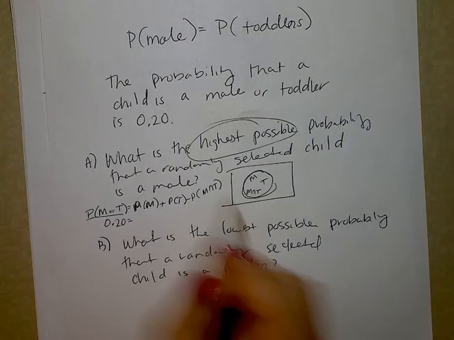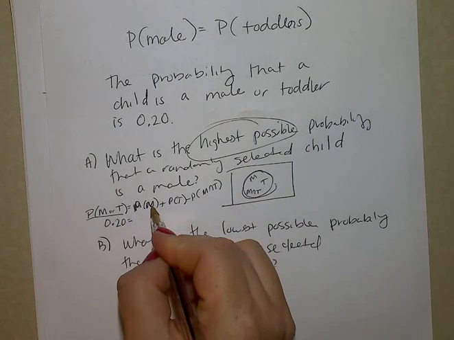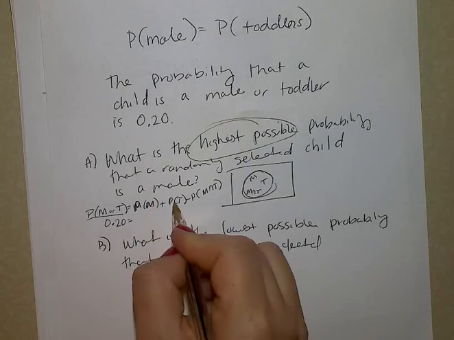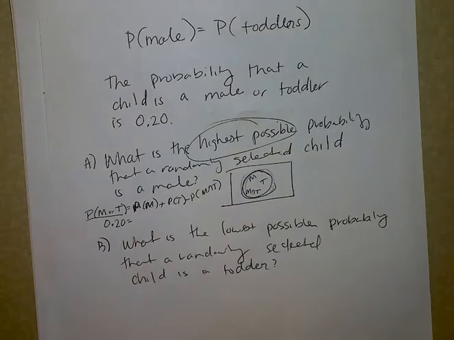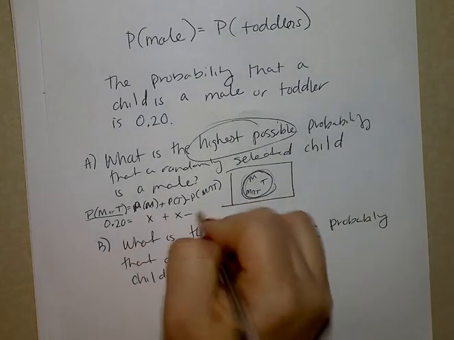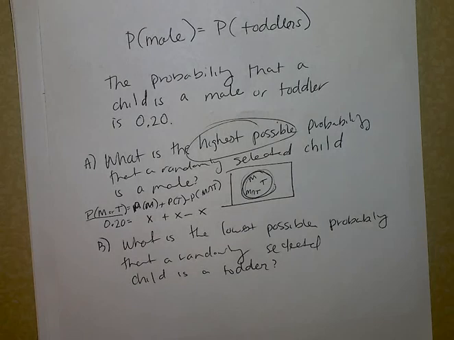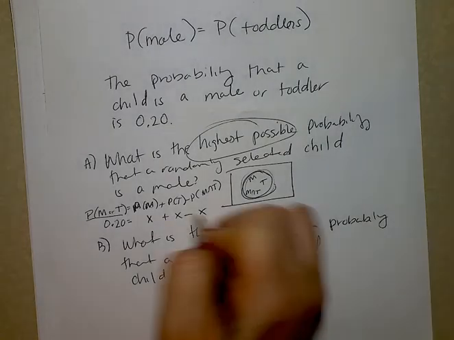We don't know the probability of M or the probability of T or the probability where they intersect. But we do know they're all the same because it's 100% intersection. So X plus X minus X. So what does that make X? It makes it 0.20.